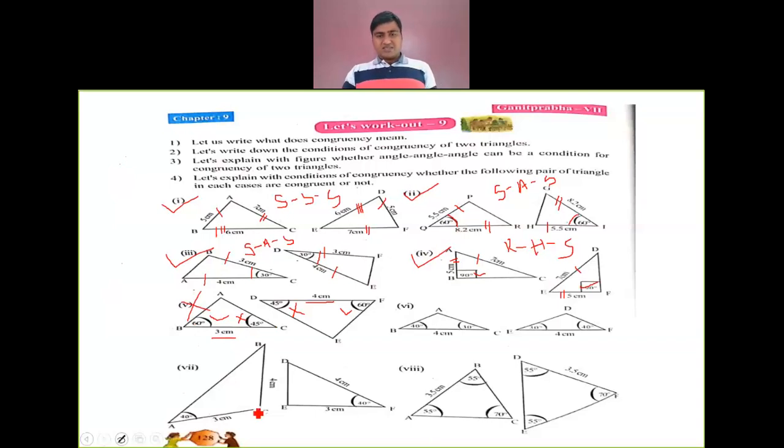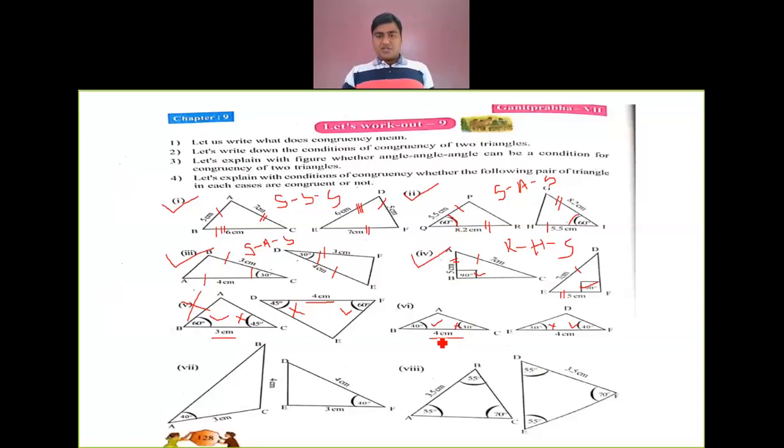Now in exercise 6, two triangles are given, ABC and DEF. Angle B is 40 and angle F is 40. Angle C is 30 and angle E is 30 degree. And this is 4 centimeter. This is the included side.